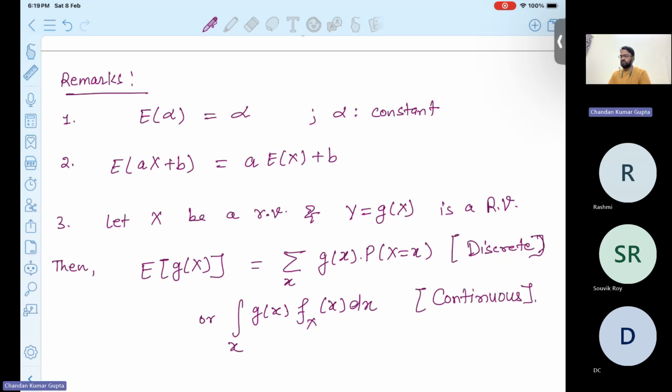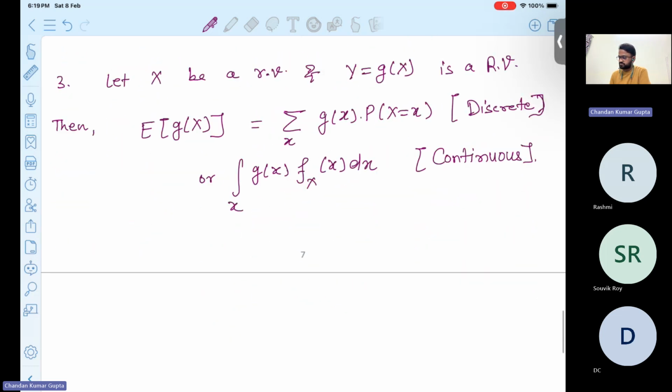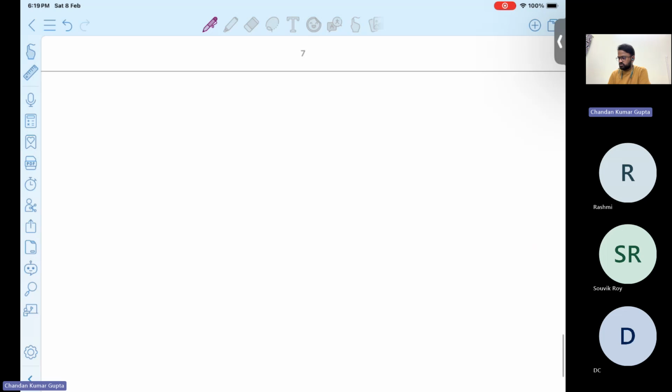So if y is a function of x, then the expected value can be defined in this manner.